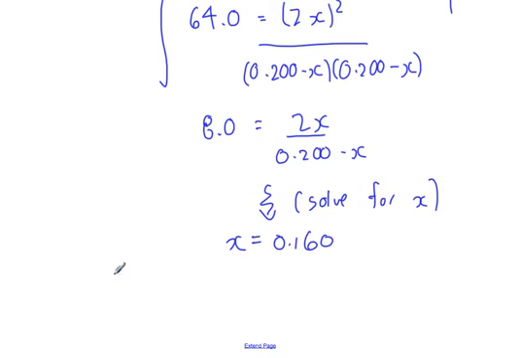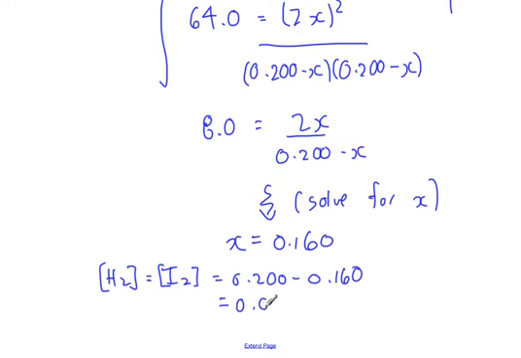And again, concentrations of hydrogen and iodine are the same because the initial concentrations are the same and they change by the same amount, but that is 0.200 minus x, and so that equals 0.0400 moles per liter.